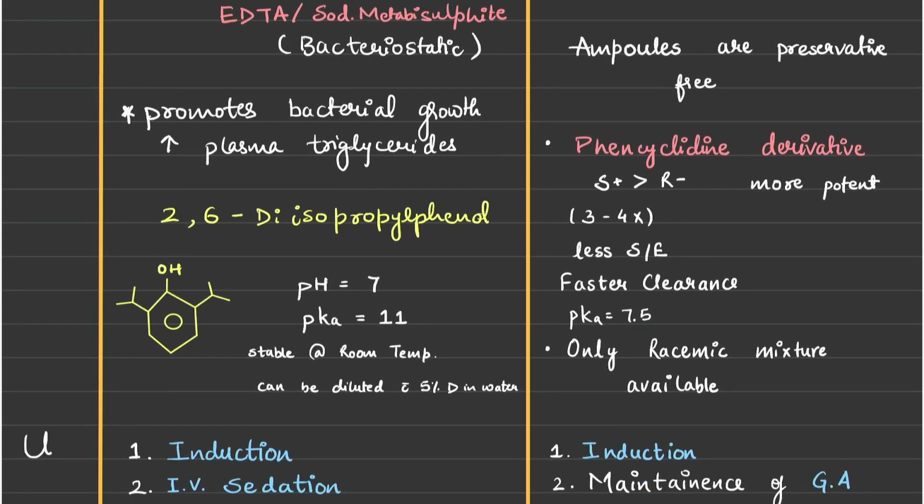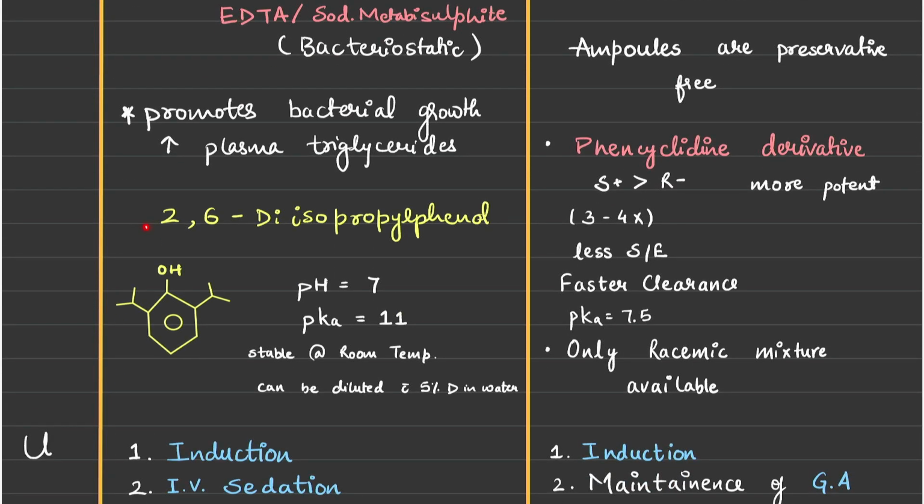The chemical formula of Propofol is 2,6-diisopropyl phenol, and the structure is this. There is phenol with two chains at 2 and 6 positions. The pH is 7, pKa is 11.